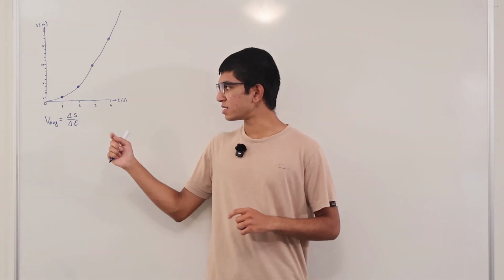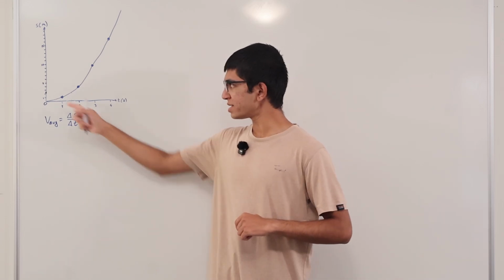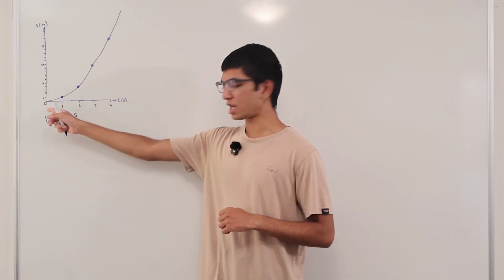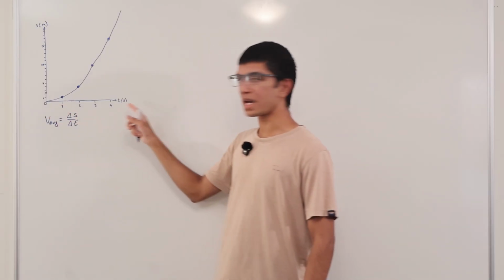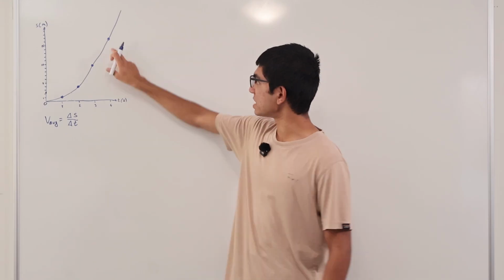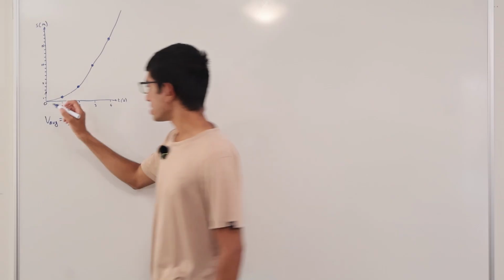Now, average velocity is essentially the gradient. My rise, how far I've traveled, and my run, how much time has passed. So if we take this entire time interval of 4 seconds and the corresponding displacement, here, my gradient would be this.